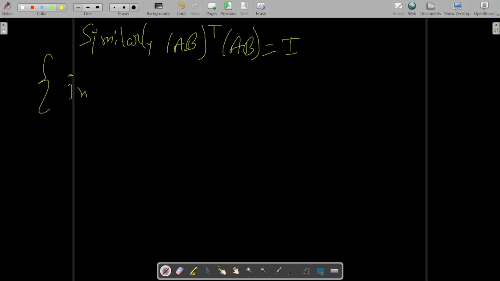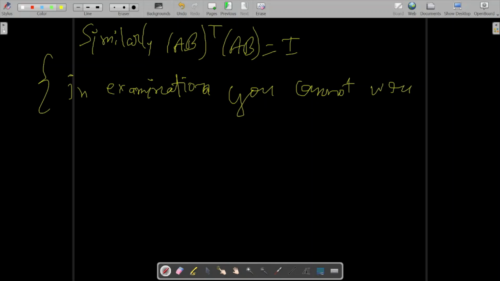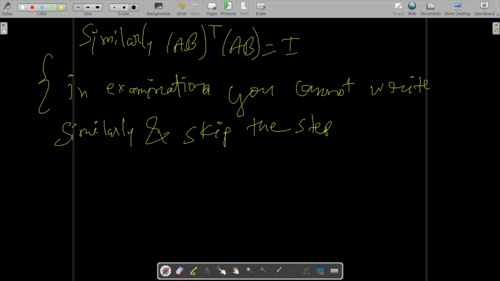In examination you cannot write similarly and skip the question. Okay, you will have to do it in the examination.